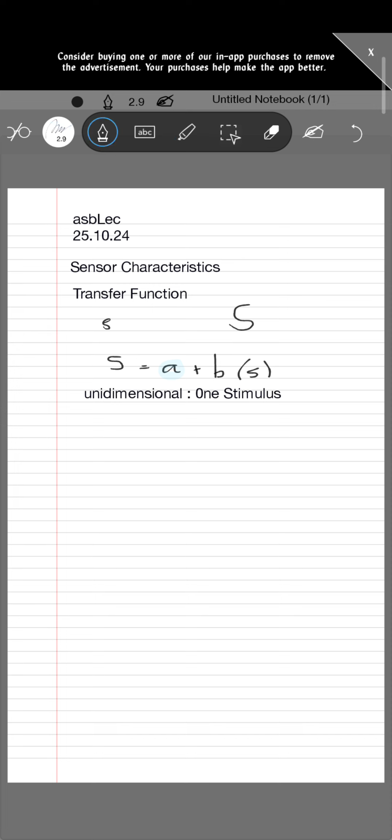It corresponds to the output for zero input. Whereas this b, which is the slope, is actually the sensitivity of the sensor.